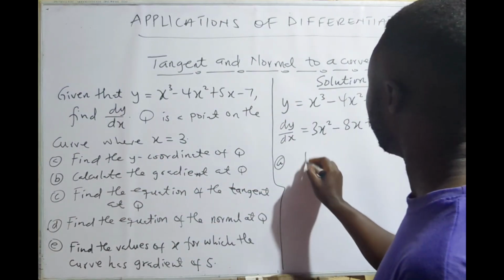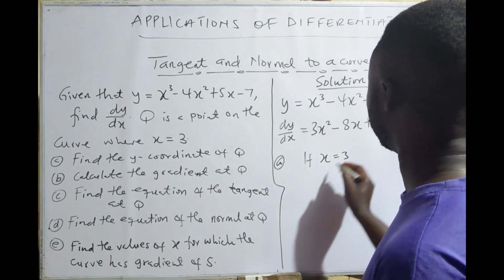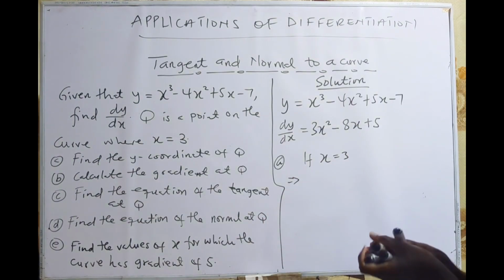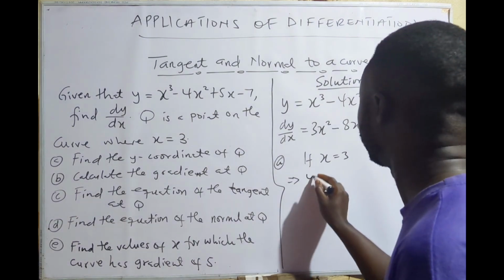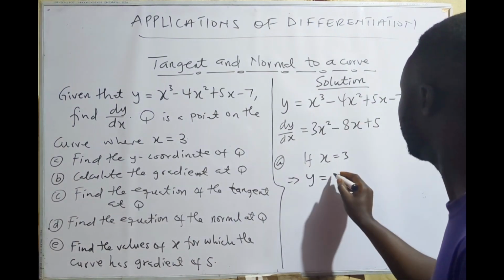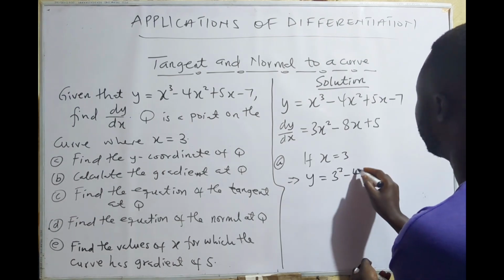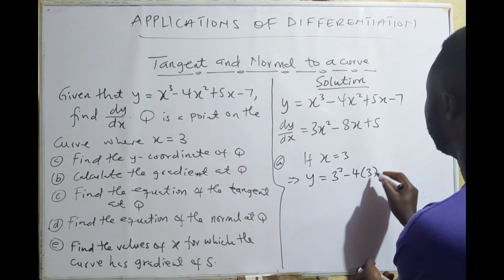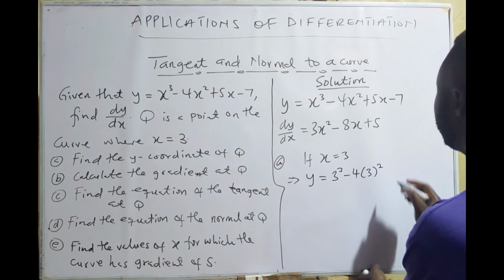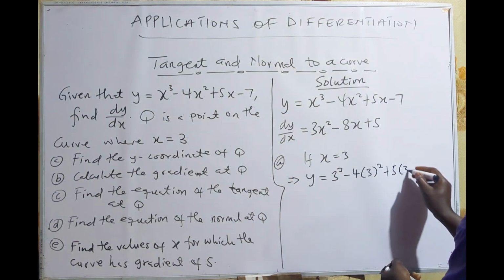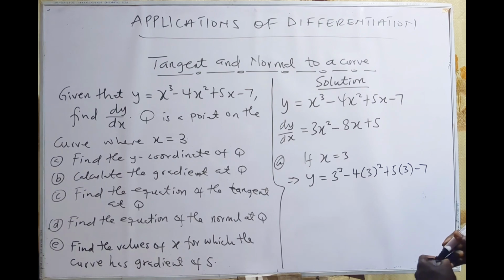Okay, so if x is equal to 3, it implies that my y is equal to 3 cubed minus 4 times 3 squared plus 5 multiplied by 3 minus 7. Is that okay?